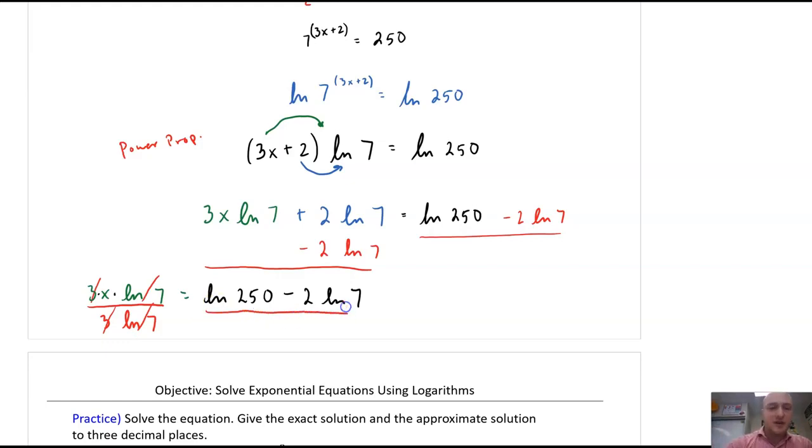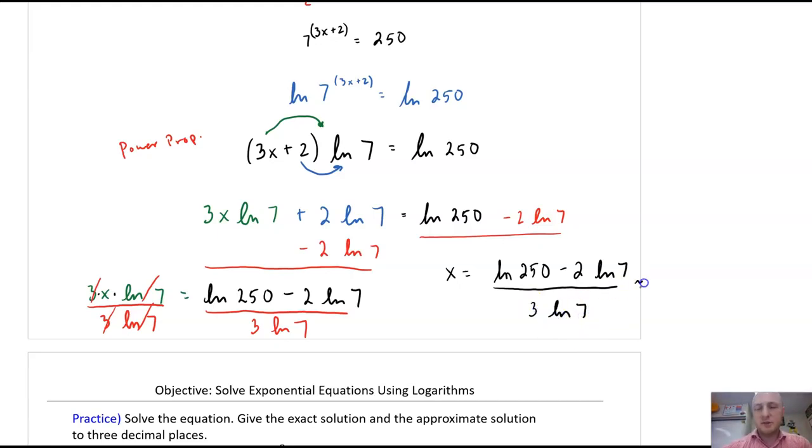So what you do to one side, of course, we have to do to the other. And we get our exact solution here. x is equal to the natural log of 250 minus 2 natural log of 7 divided by 3 natural log of 7.